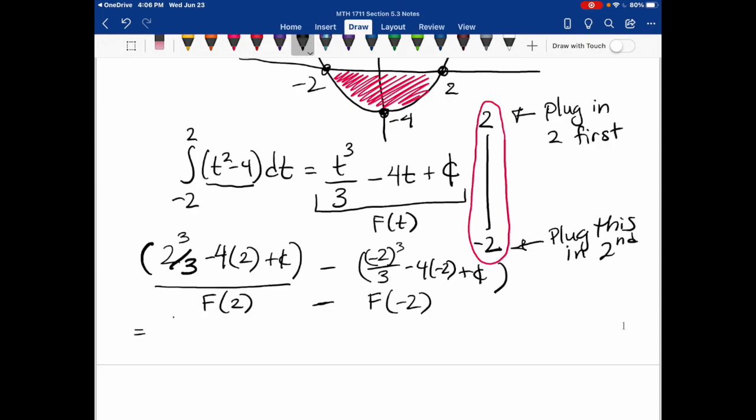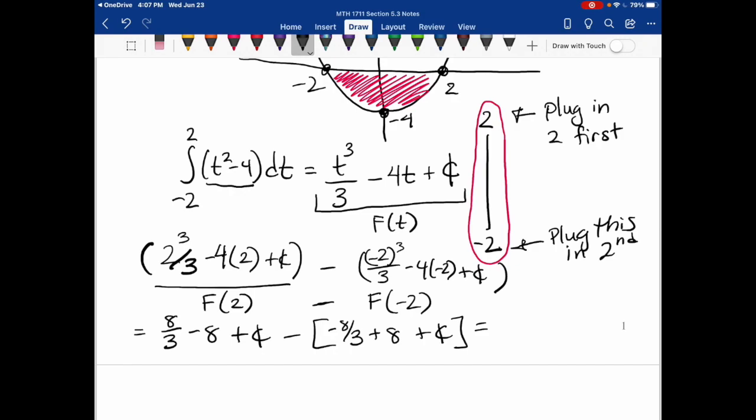So now I'm going to take 2 to the third divided by 3. That gives me 8 over 3 minus 8 plus my constant. Then I'm going to subtract everything that's in these parentheses. I get -2 to the third gives me -8, so that gives me -8 thirds plus 8 plus c. Now I'm going to subtract everything that's in those brackets.